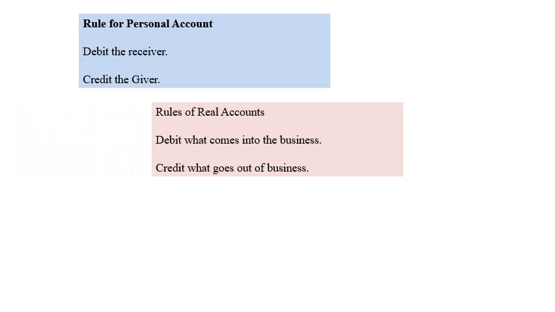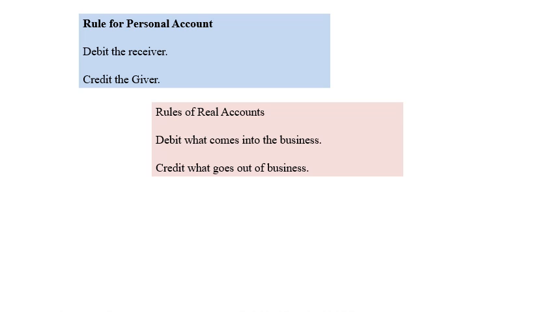Rules of real accounts: debit what comes into the business, credit what goes out of the business. If something comes into the business, it should be debited. If something goes out of the business, then it should be credited. Purchase of goods of rupees 5,000 on cash basis.